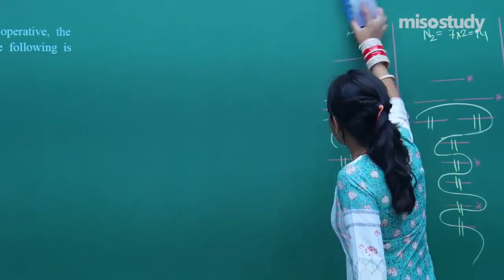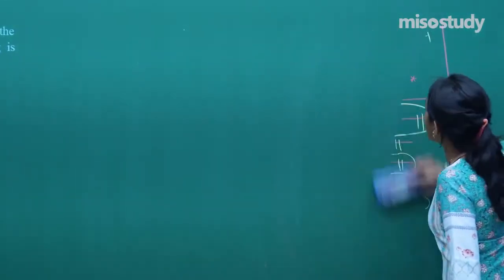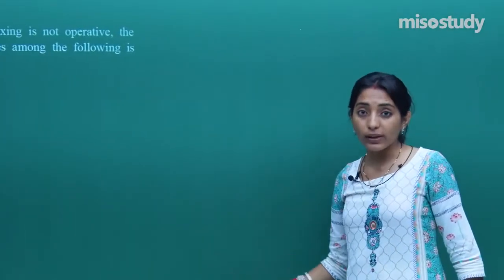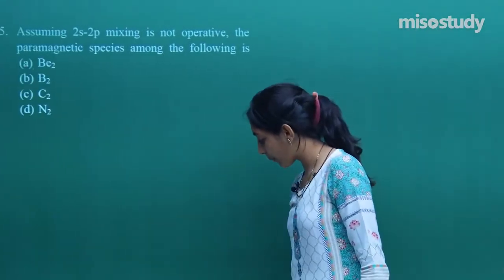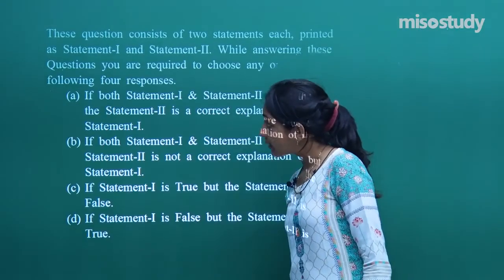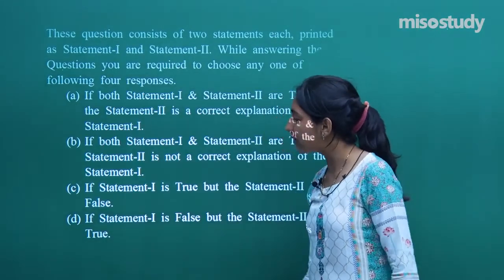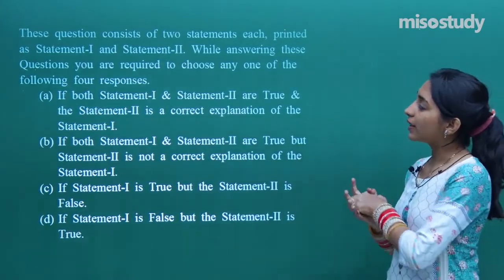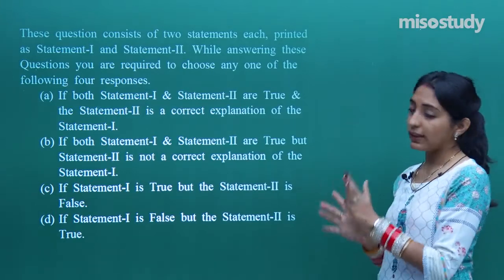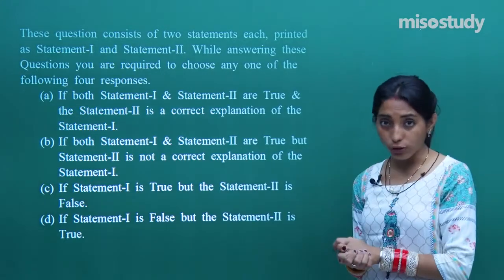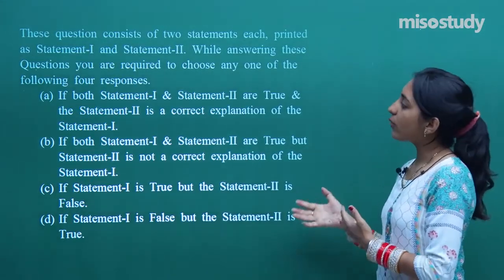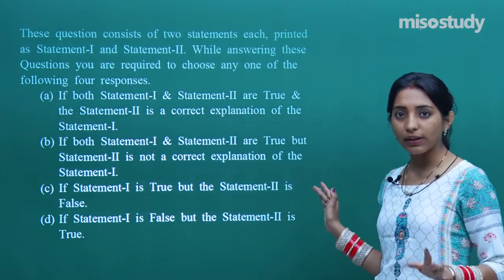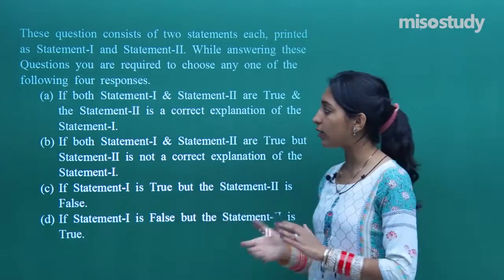And now first part of the session is over since half of the questions we have covered. Now we need to proceed to the second half. And that is just an idea given to you that the next question will consist of 2 different statements. Each will be printed as statement 1 and statement 2. While answering these questions, you are required to choose any one of the 4 responses. You know, right, these statement type question, but those who do not know, I am reading for them.